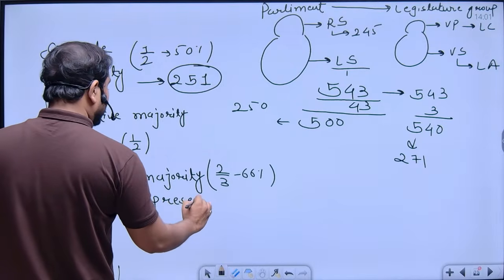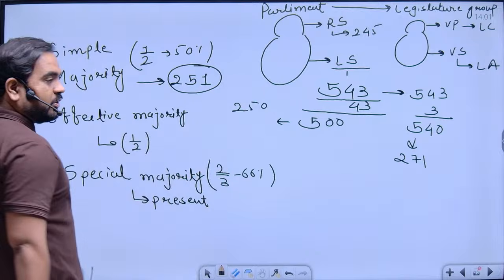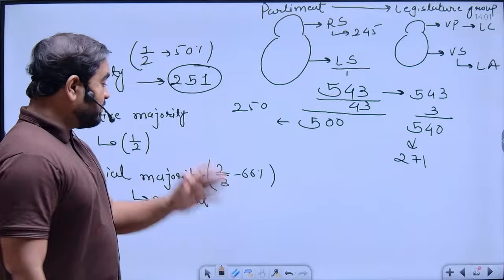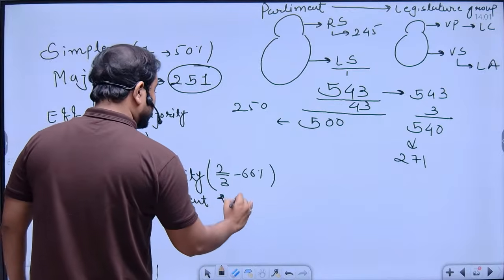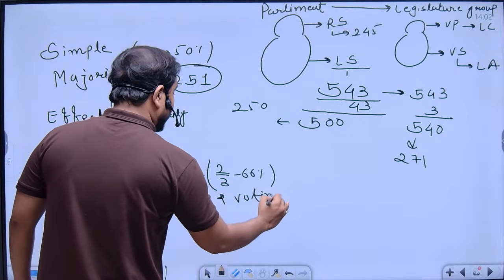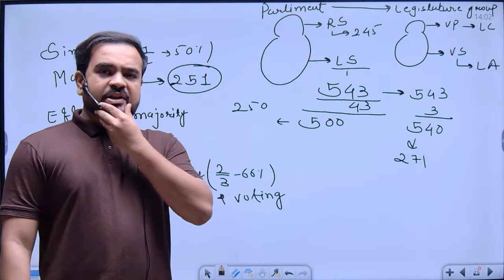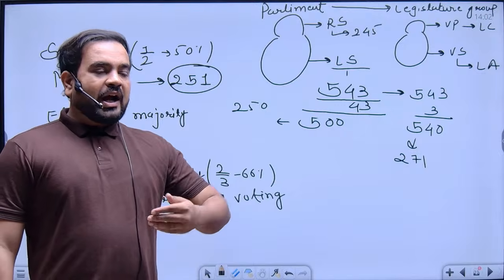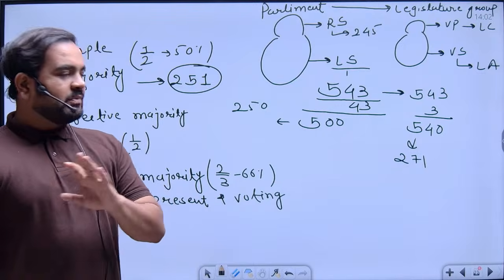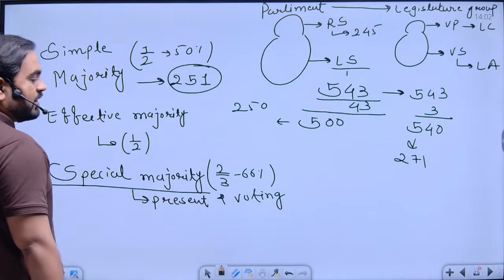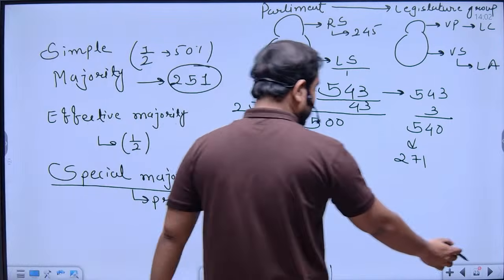That means you will not consider the whole membership of the house. You will only consider the people who are sitting, present and voting. This is the first thing you have to remember, and for that you also need half of the members there. That is the concept of simple and special majority, which we already discussed in our lecture.